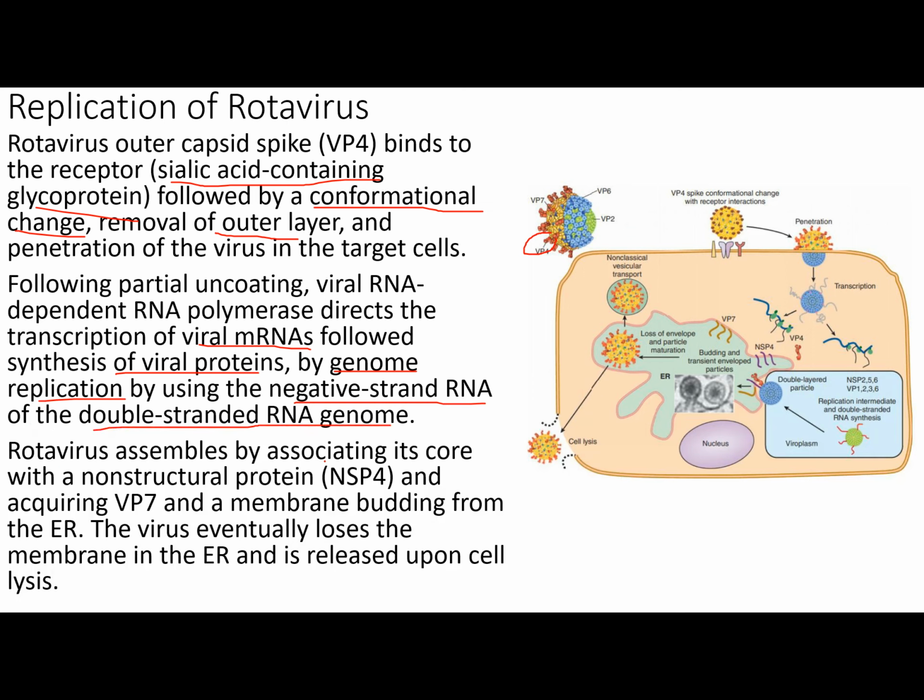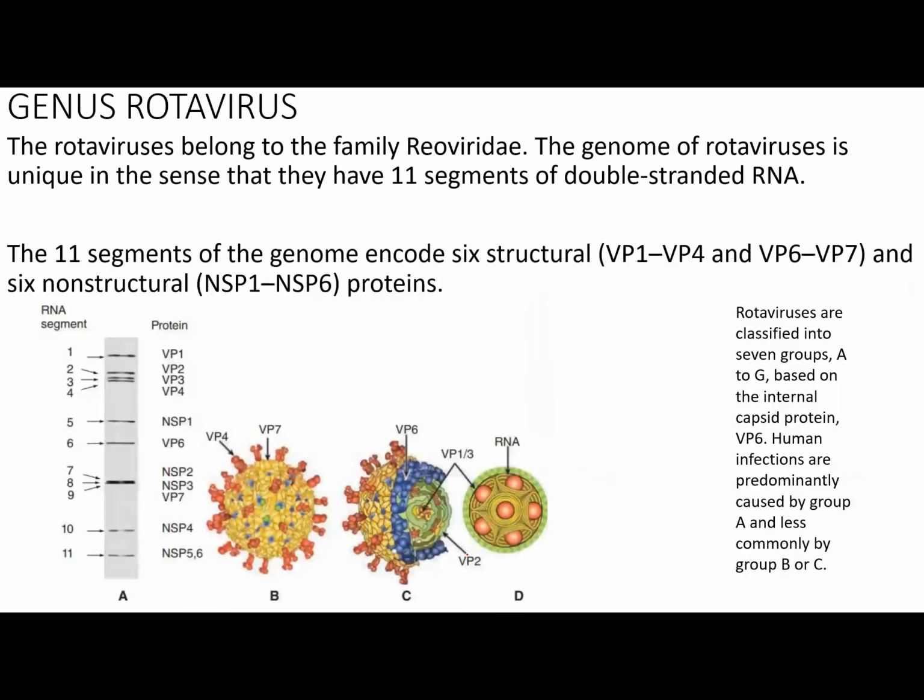Then rotavirus assembles by associating its core with a non-structural protein, NSP4, and acquiring VP7 in a membrane budding from the endoplasmic reticulum. Then the virus eventually loses the membrane in the ER and is released upon cell lysis.